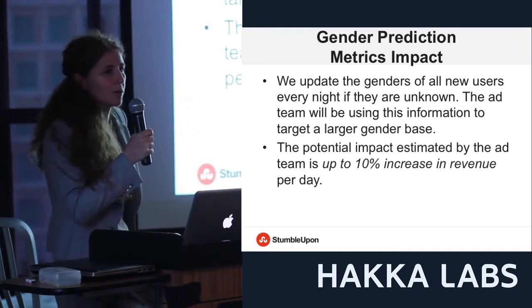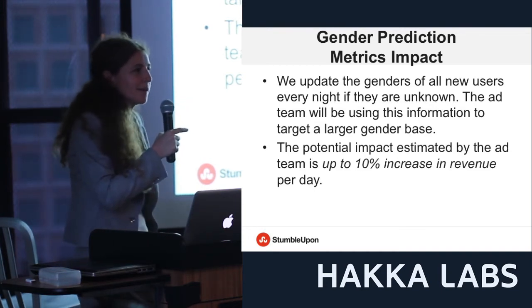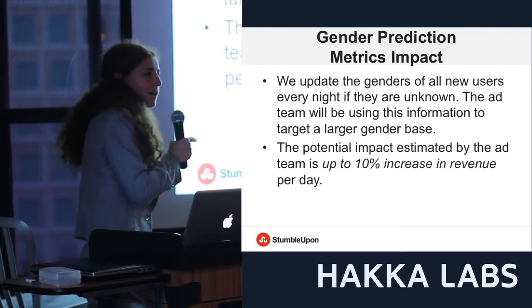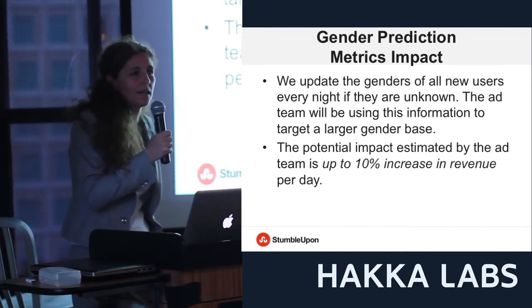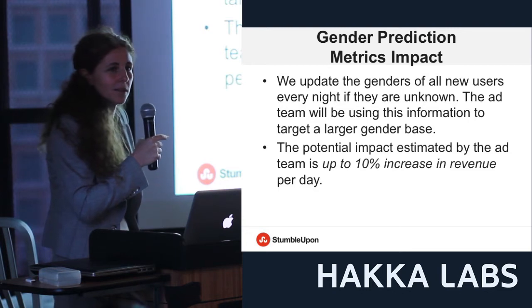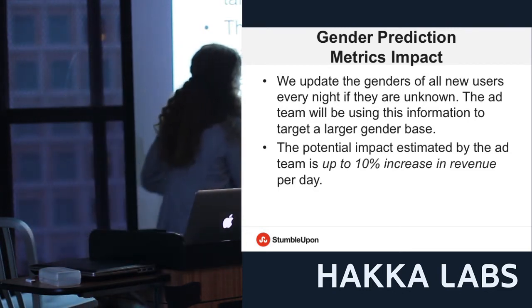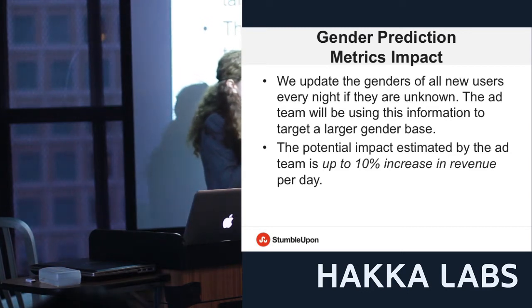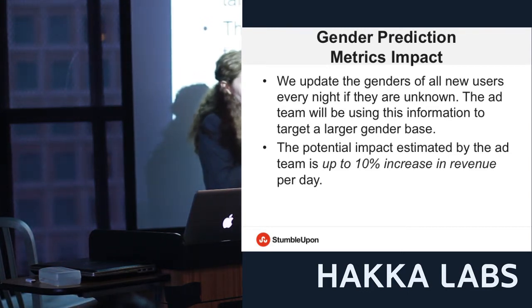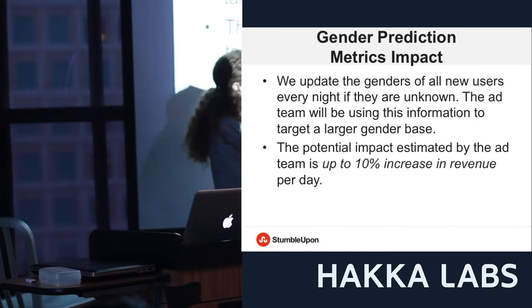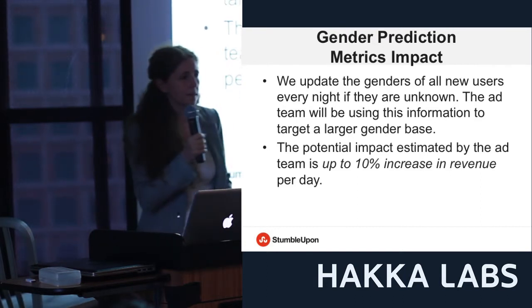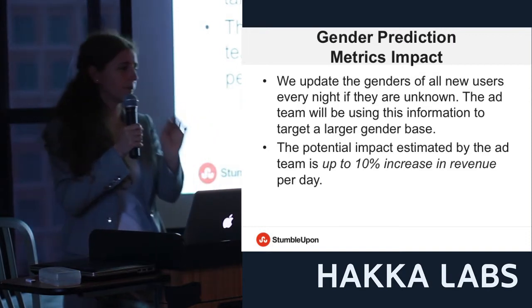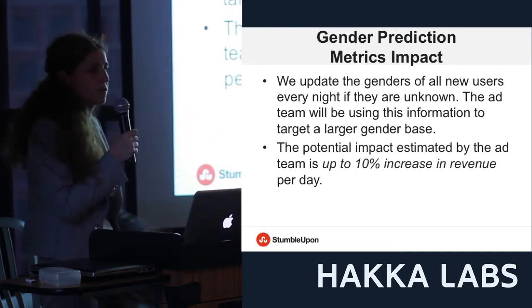When we speak about machine learning and data mining, let's go back to the company and try to explain to the execs why this model is good. It is good because, if we can actually target 10% of the users that we could not target before, the estimated increase in revenue is 10%, just with a simple recommendation classification model.